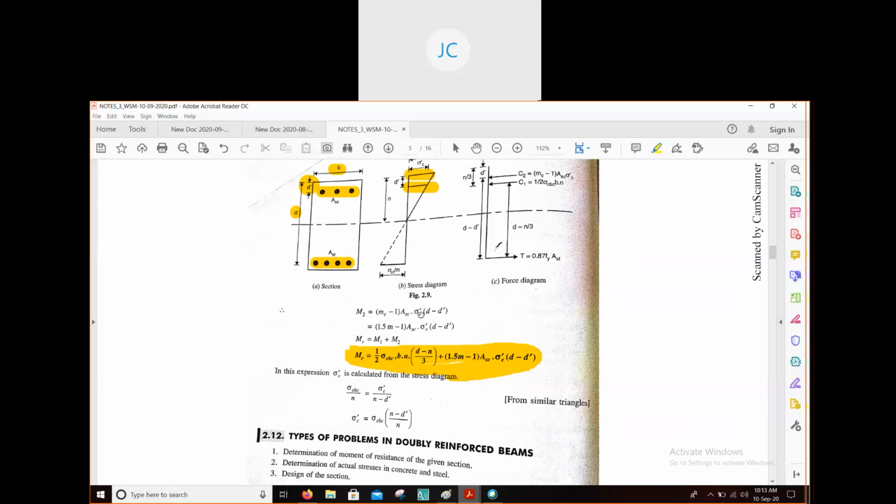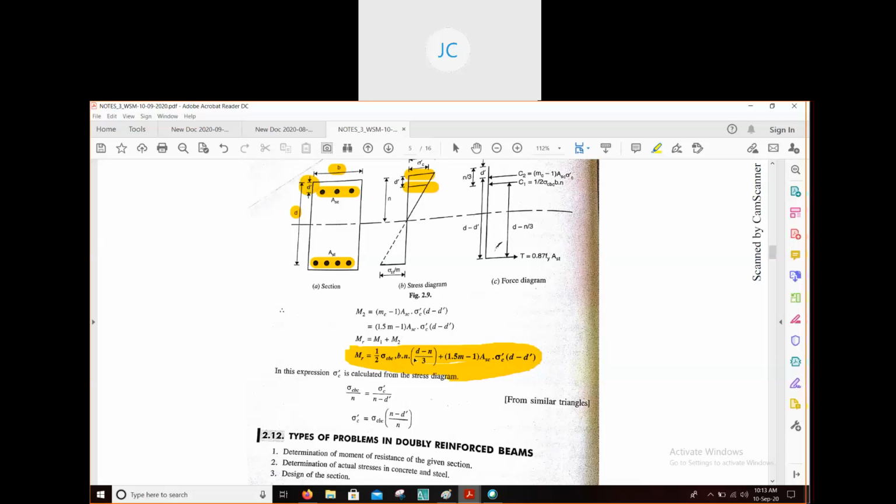Since this d dash is nothing but the distance from the topmost layer to the center of the reinforcement, this is known as effective depth for compressive reinforcement, and this value is given as 40.